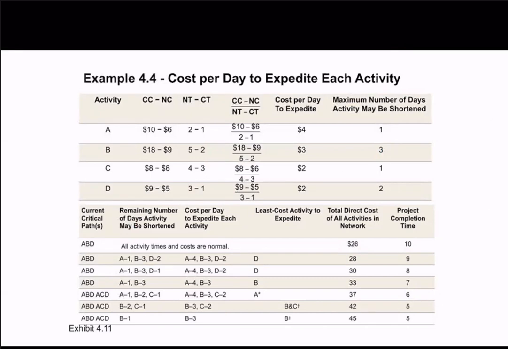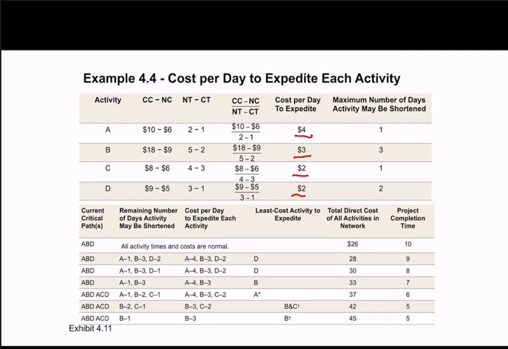For A, the cost per day to expedite is $4, and we can use the same way to find the cost per unit of the time. And we'll also know the max number of days that can be shortened.